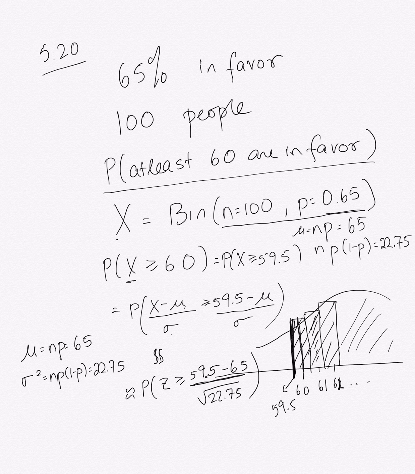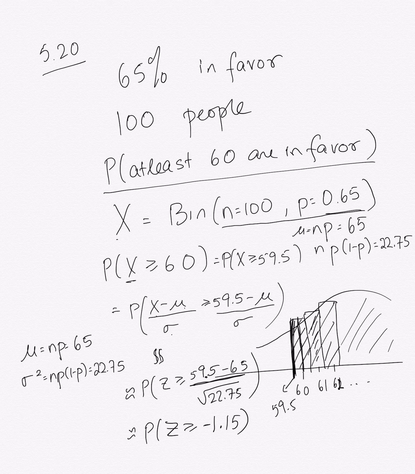What will this be? This is approximately the probability z bigger than or equal to negative 5.5 over approximately 4.77. You can calculate it. This is approximately negative 1.15.